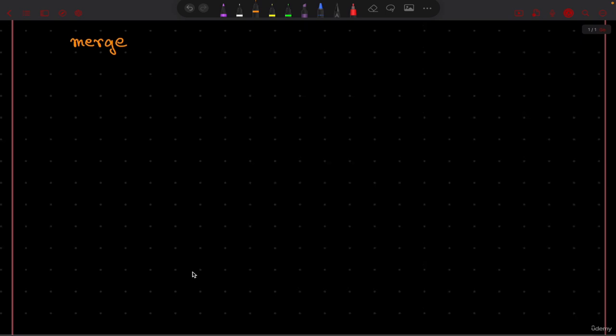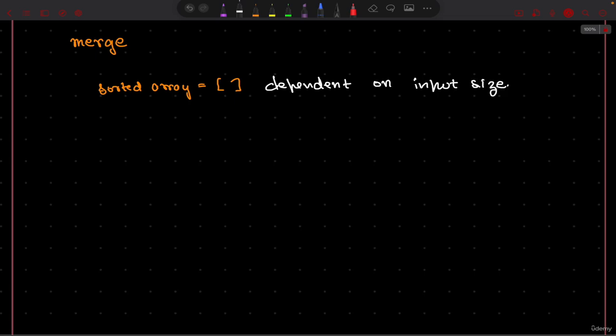So if tomorrow, let's say I'm just saying that sorted array, okay, this was actually dependent on your input size. And now, because this is dependent, this is something actually which we care about. Like this is actually going to add to your auxiliary space, the space complexity, right?